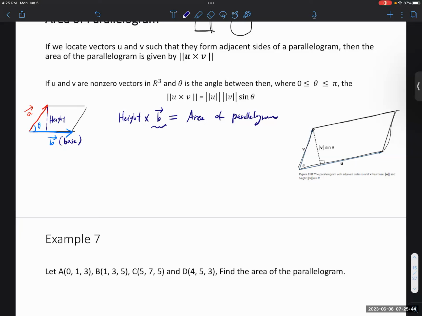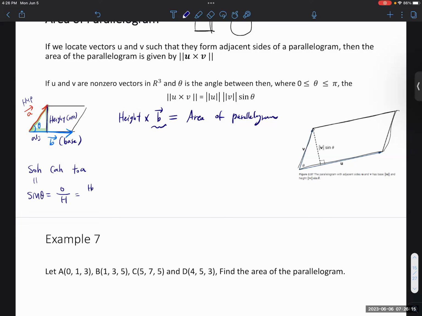So according to SOHCAHTOA, did you guys see here, there's a right triangle? So there's an angle. So this is going to be the hypotenuse, and this is going to be the opposite length. This is the adjacent. So height is going to be, think about it, SOHCAHTOA, sine theta is opposite over hypotenuse.